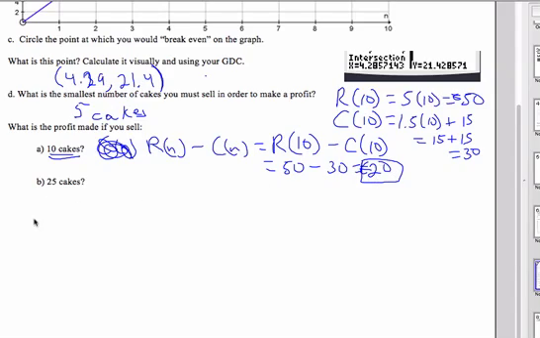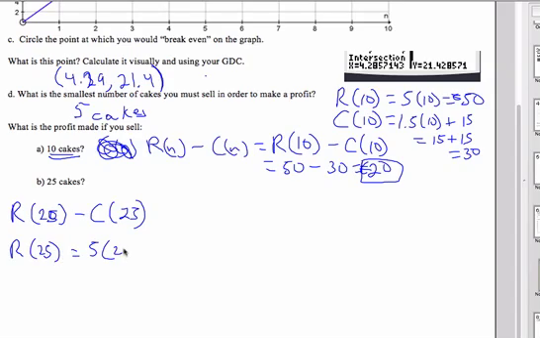if you sell 10 cakes. So 25 cakes, same thing. You're going to do R25 minus C25. So R25 is 5 times 25, which equals 125. C25 equals 1.5 times 25 plus 15.